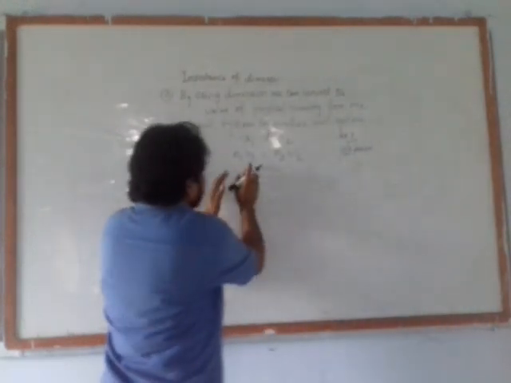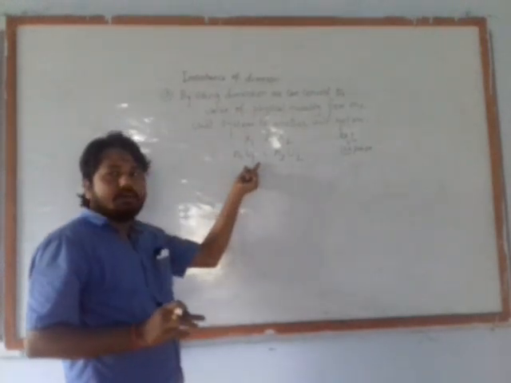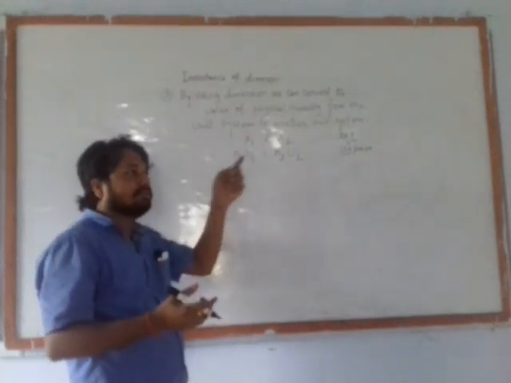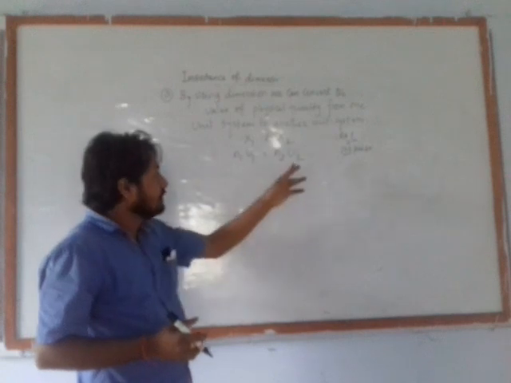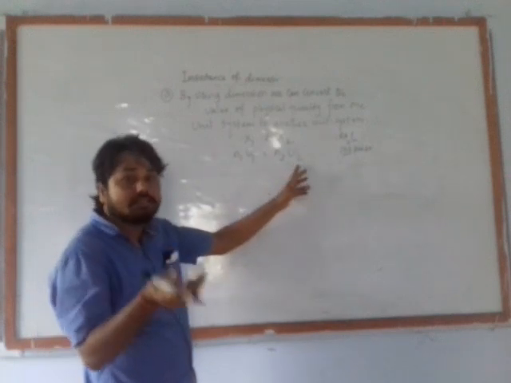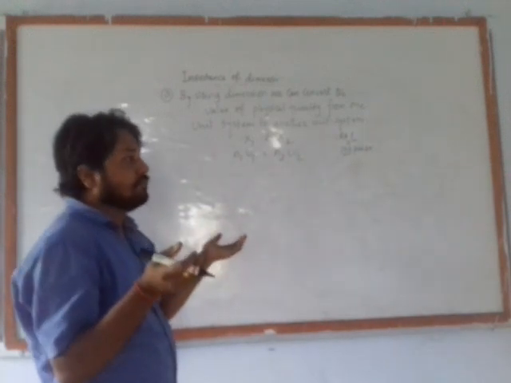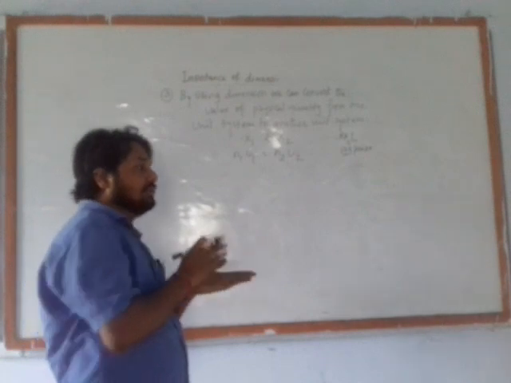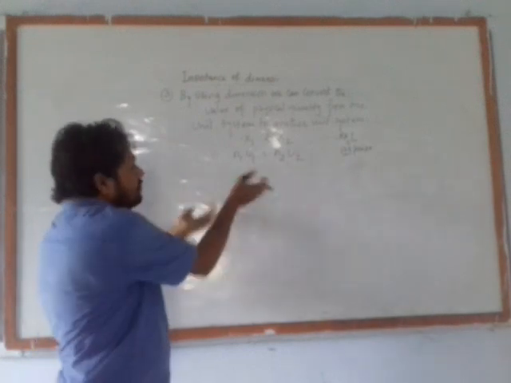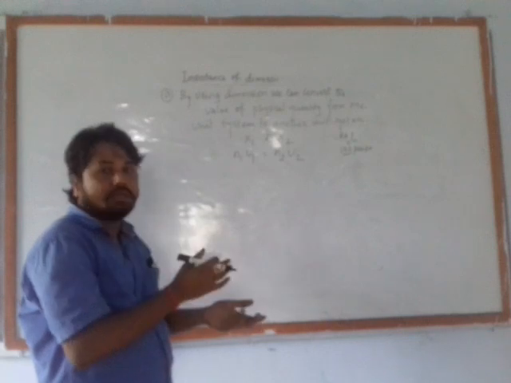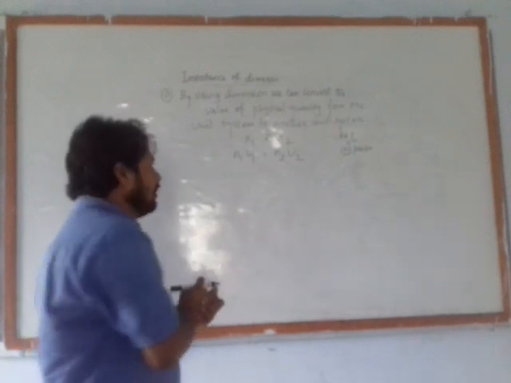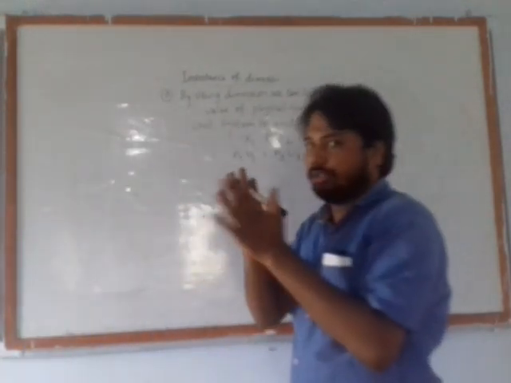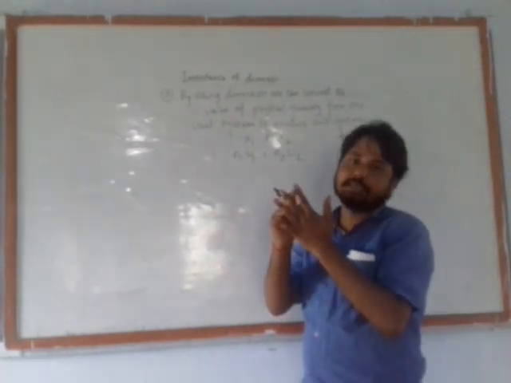Now suppose u1 is written in terms of the SI system, and u2 is written in the CGS system. If we know whether they are written in SI or CGS, we can use the equation. But if we don't know, then we have to go for the general formula. General formula means in each equation it has mass, length and time.